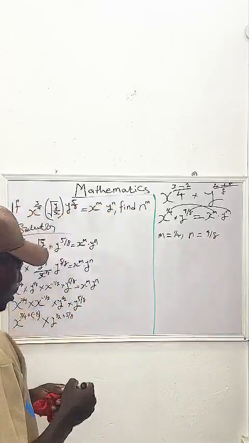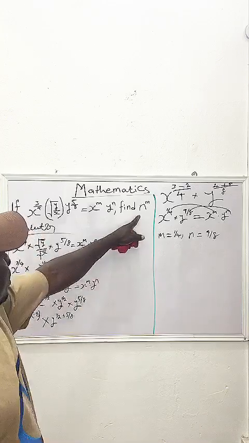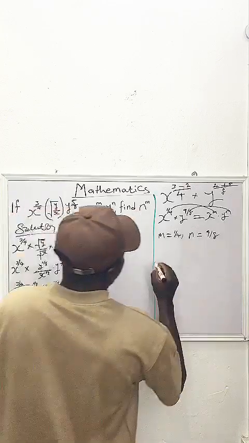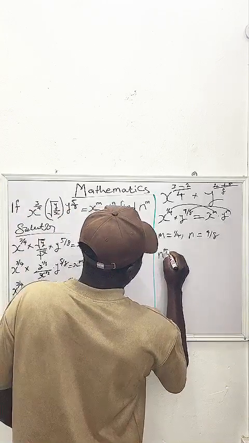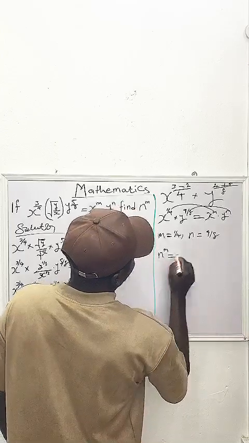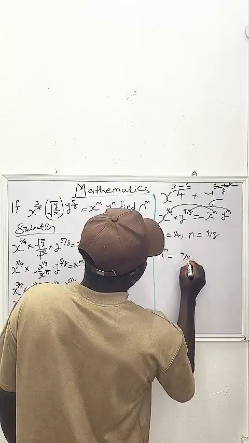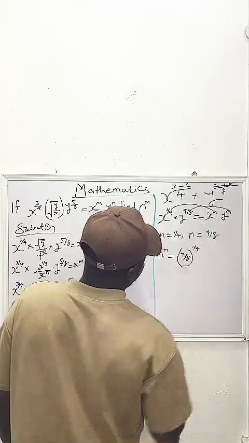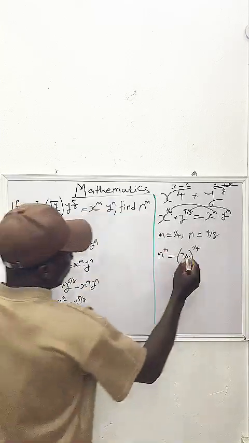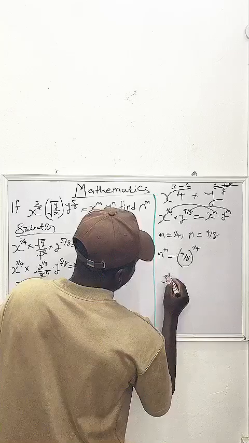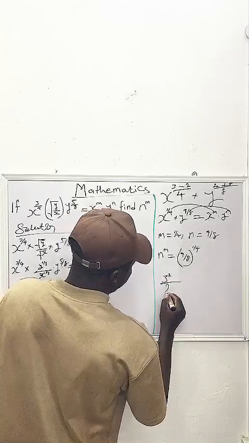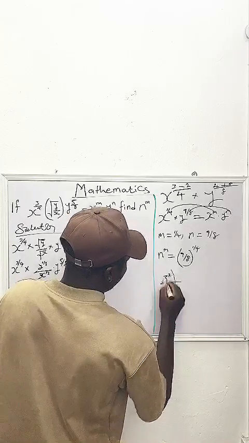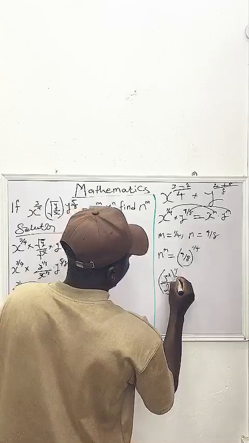But the question said we should evaluate n power m. Therefore, n power m is equal to 9 over 8 all raised to the power 1 over 4. Of course, 3 squared is equal to 9, and 2 cubed is equal to 8.